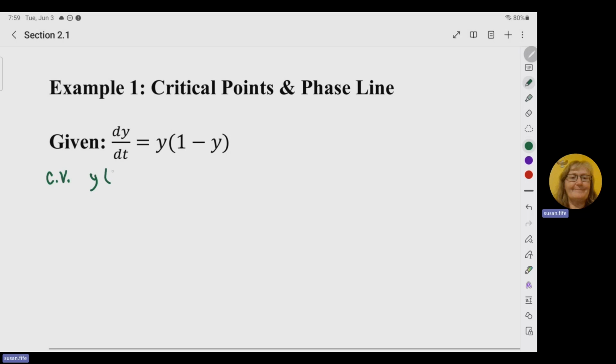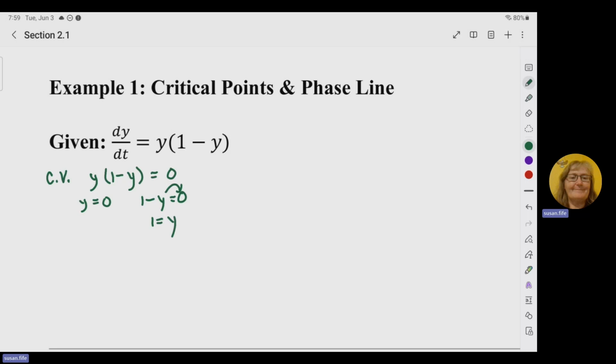That gives us y times 1 minus y equals 0. And when you solve that, you get y equals 0 or 1 minus y equals 0. On that second equation, if I bring the y over to the right side, I get 1 equals y. So our critical values are 0 and 1.